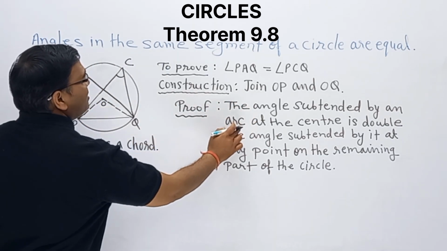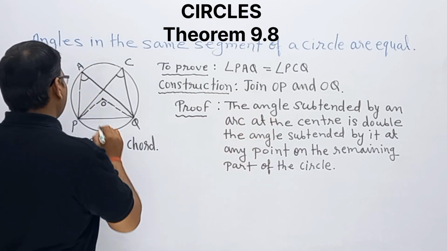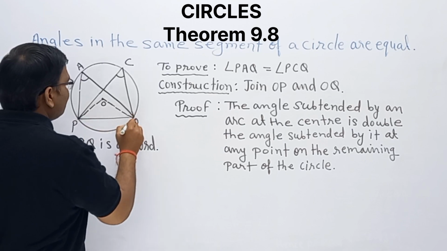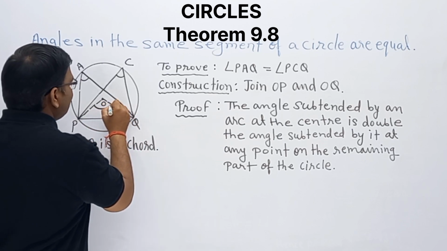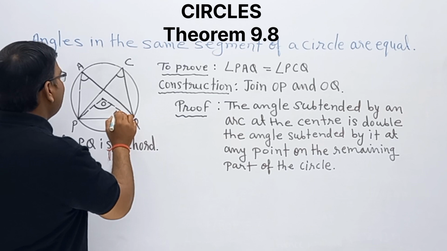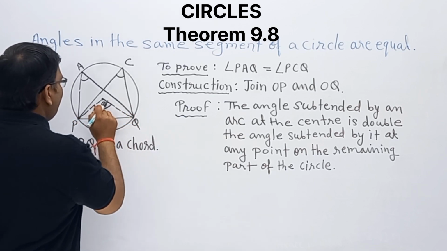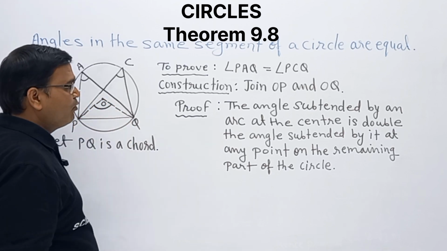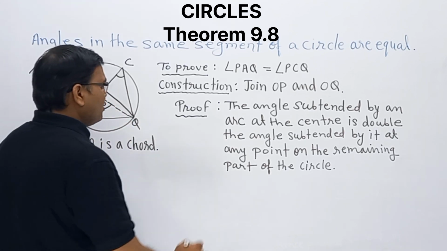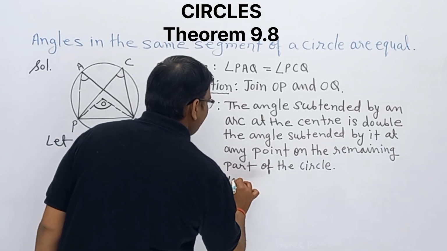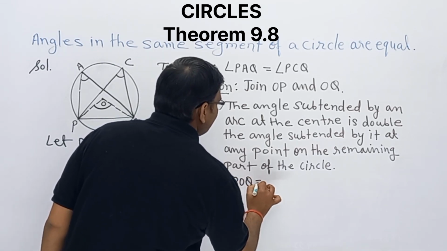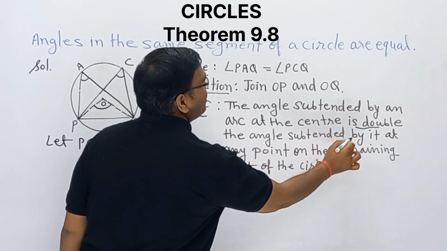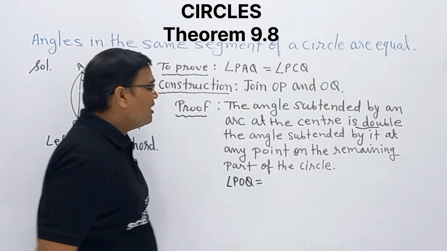The angle subtended by an arc at the center: due to this arc, the angle at the center is POQ. POQ is double the angle subtended by it at any point of the remaining part of the circle.